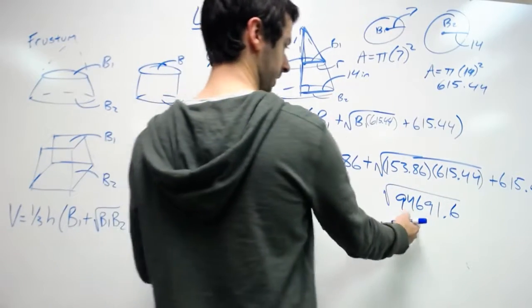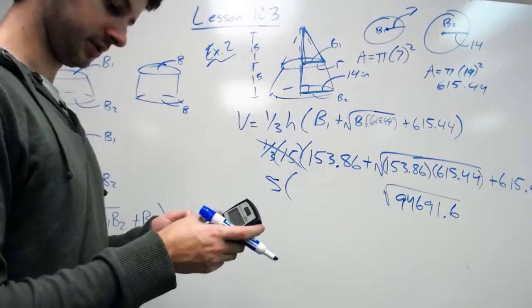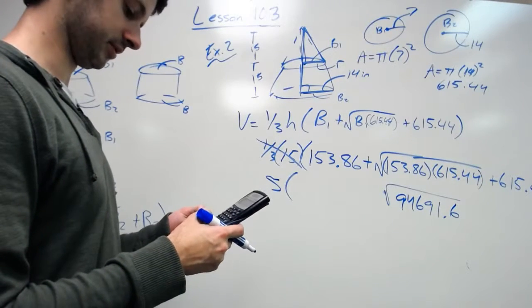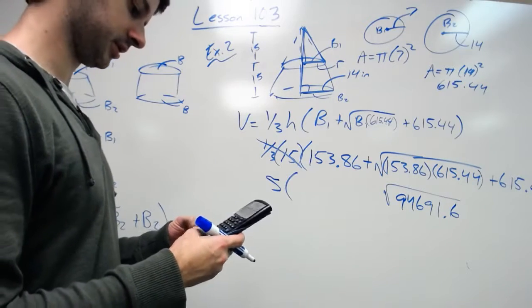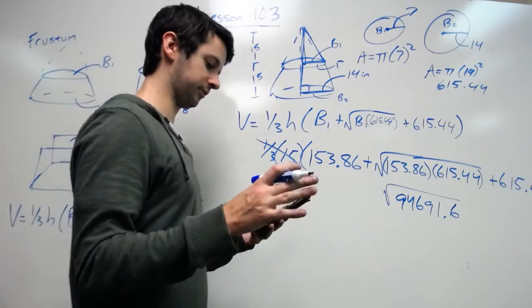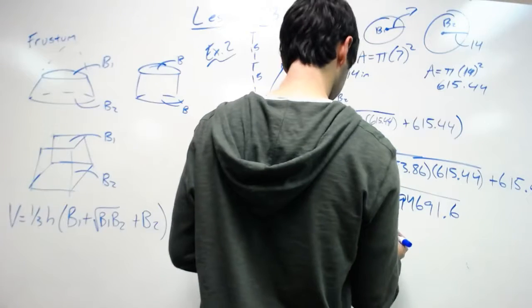All right, now I'm going to take the square root of 94691.6, and that gives me roughly 307.7.